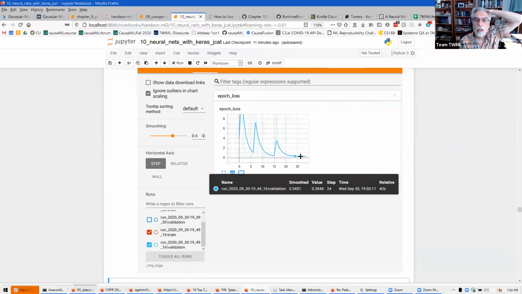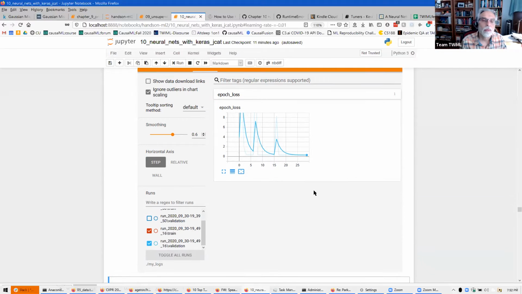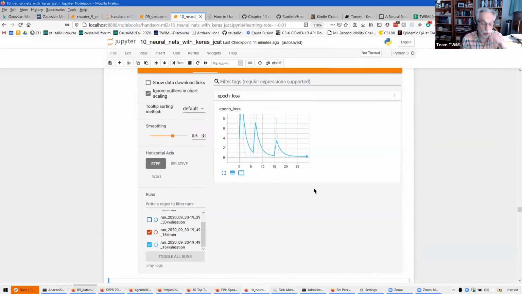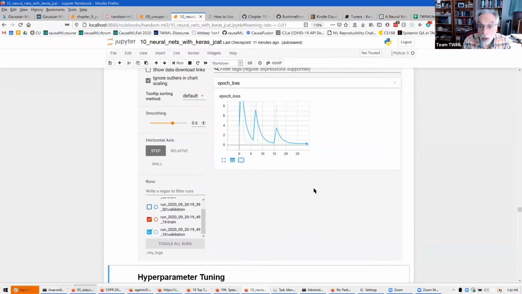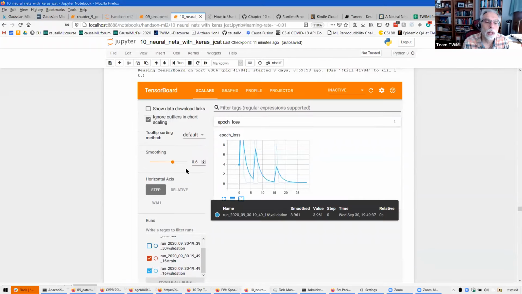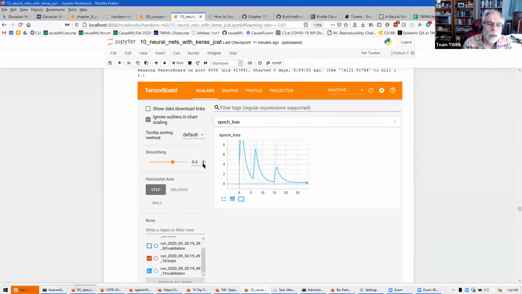But in the end, it did get down to, oh, this time it got down to a loss of 0.29. So that's better than last time. And oh, so the learning rate must have been better. The learning rate must have had a good effect. What's this smoothing parameter?